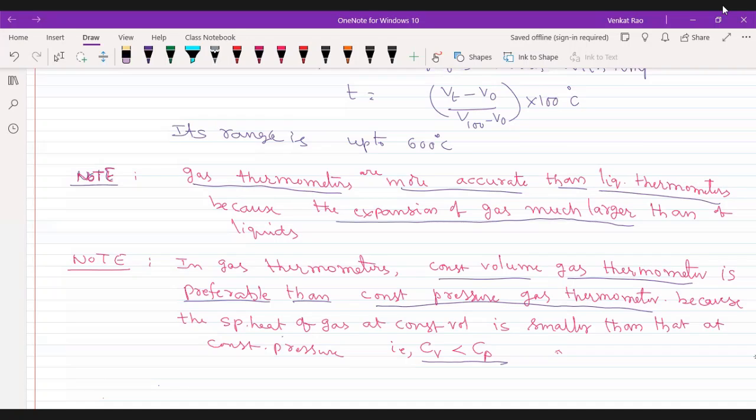The triple point value for water is 273.16 Kelvin or 0.01 degrees Celsius, at a pressure value of 4.58 mm of Hg. A triple point అనేది ఒకే ఒక వాల్యూ ఉంటుంది for any substance. It is a unique value.